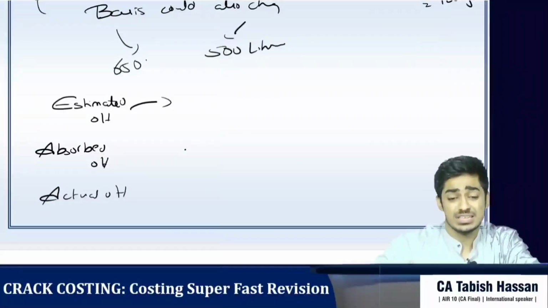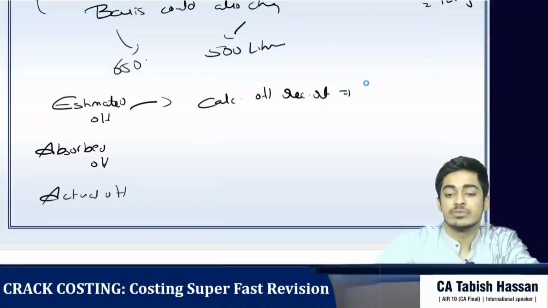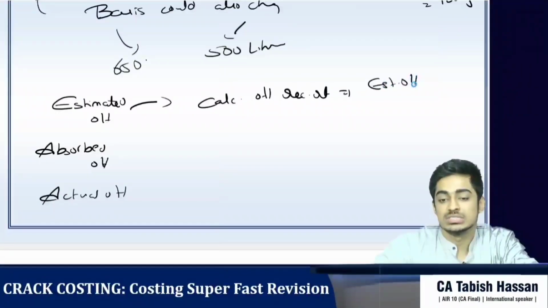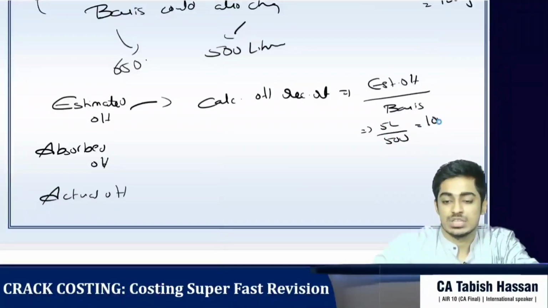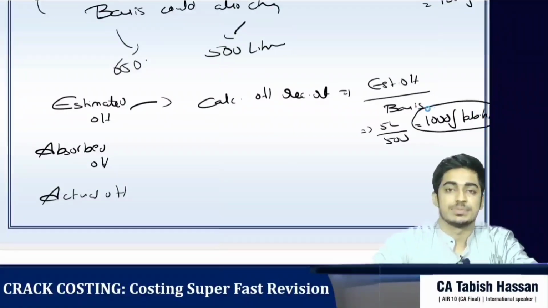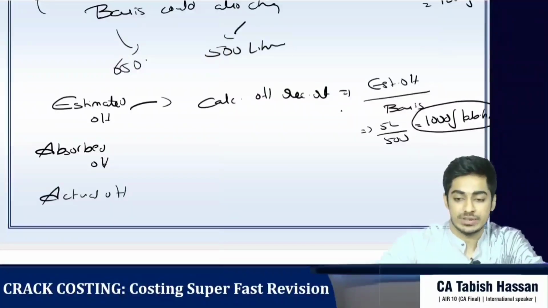Why do we use it? We use it to calculate the overhead recovery rate. For the overhead recovery rate, we want the estimated overheads divided by a basis. So in our example, it was 5 lakh divided by 500 labor hours, which is 1000 per labor hour. That was the first step. We estimate the overhead, and based on that we get the overhead recovery rate.